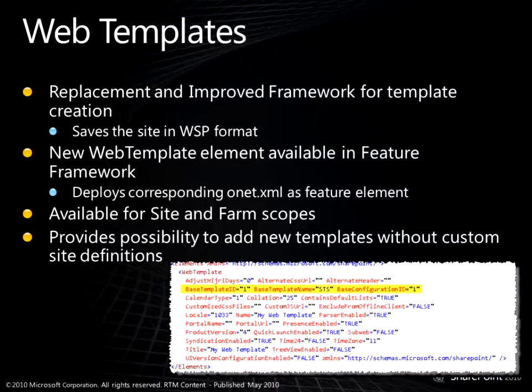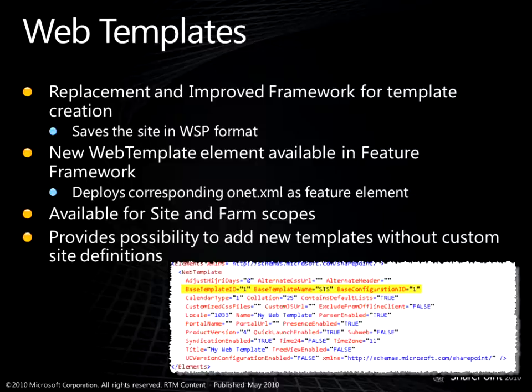The key advantage of the web template element is the possibility to deploy new site creation instructions using the feature framework. This way we don't have to develop and deploy separate site definitions, which would be placed in a separate location in the file system.